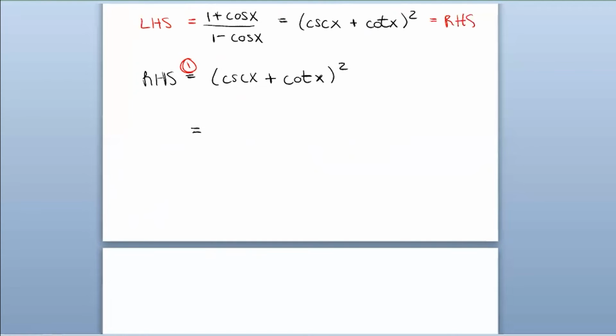Then my step 2 is to change everything into terms of sine and cosine. So using the reciprocal identity, we know that cosecant is 1 over sine x, and cotangent is cosine x over sine x.